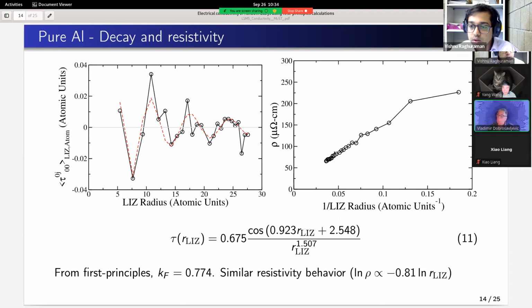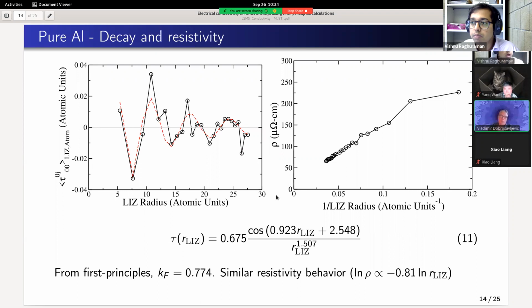So 1 over rho and 1 over r are not linear, which means it will slope a bit at the end. But it shows a similar slow decay, and it seems to be moving towards the pure element limit.